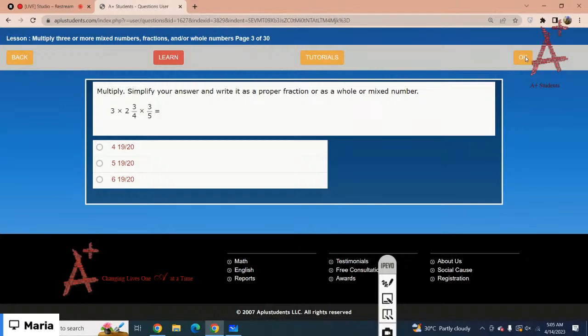So it would be 11 times 3 is 33 and 33 times 3 is 99 over 20. So it would be 20 times 4 is 80. So you can go for the correct option, which is 4 whole 19 over 20. Got it?